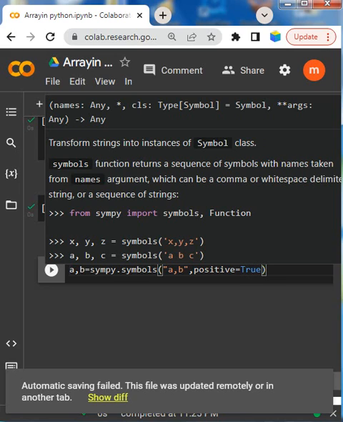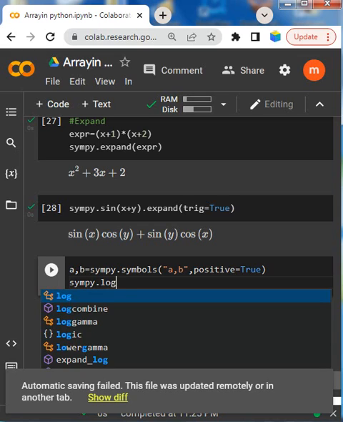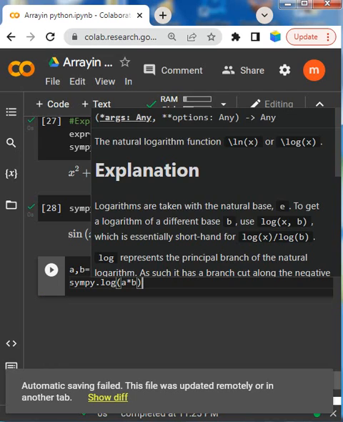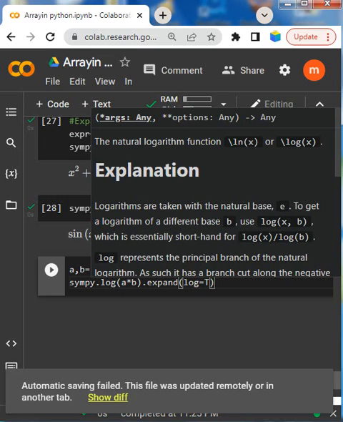Right. Now sympy.log(a * b).expand(log=True).